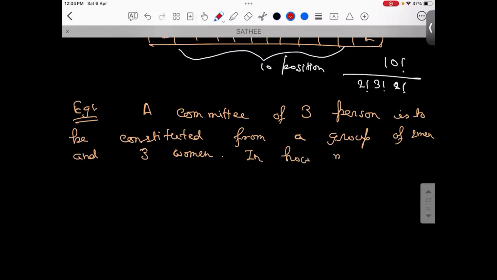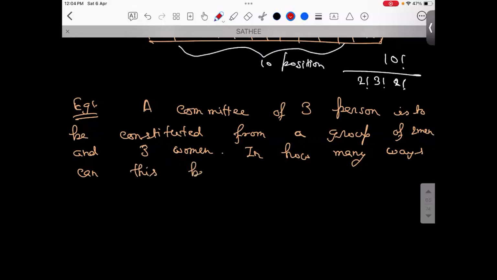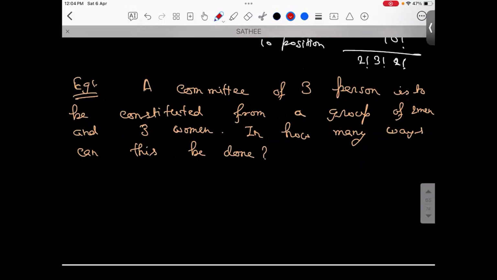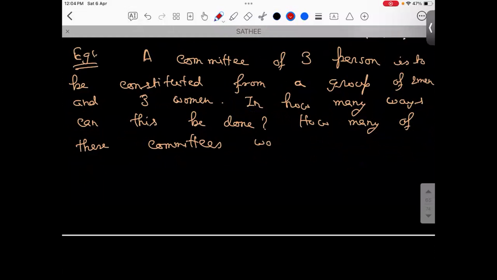In how many ways can this be done? And the second part is, how many of these committees would consist of 1 man and 2 women?